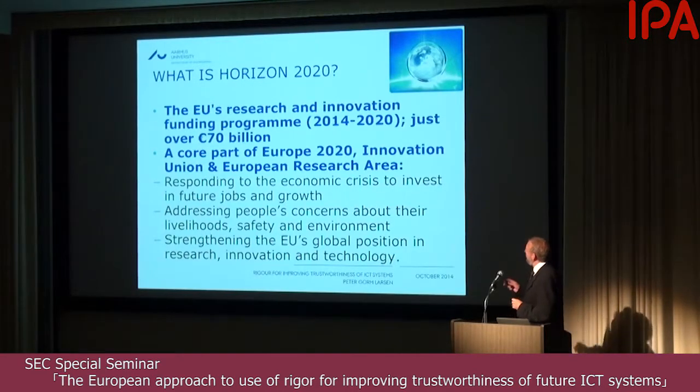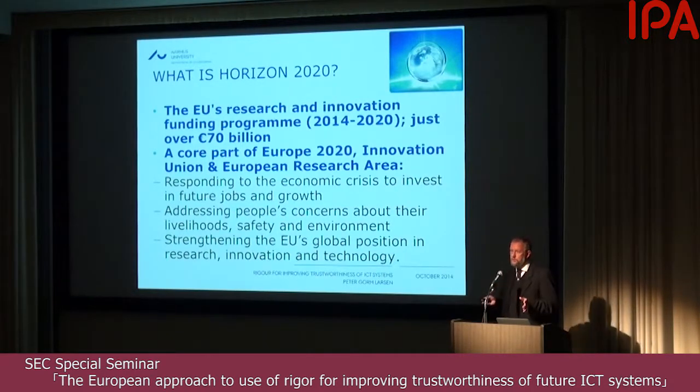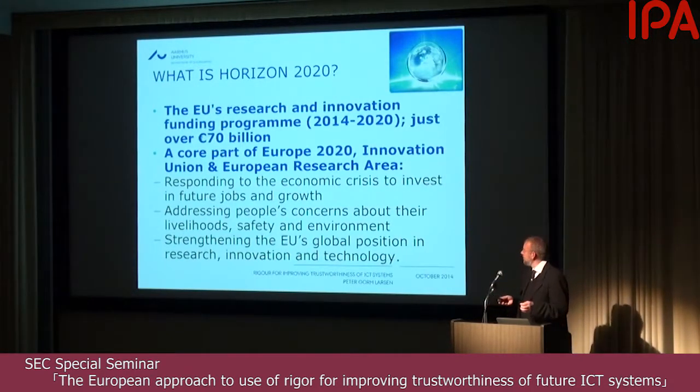The core part of this is essentially trying to respond to the economic crisis all over, and then try to invest in future jobs and growth. The idea is that they would like to address people's concern about the societal challenges, but also strengthen the European position in research, innovation, and technology.